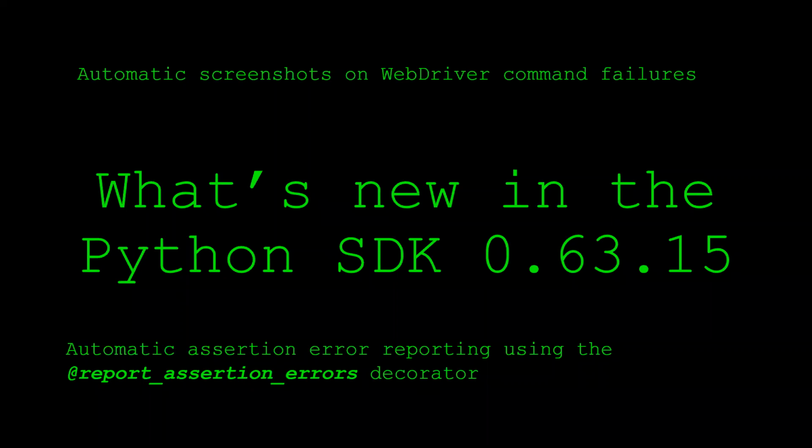And before, if the entire test went well, all WebDriver commands were executed successfully, but one of the assertions failed, your unit testing framework, so PyTest or unittest, indicated a test failure, but this was not reflected in the TestProject report.